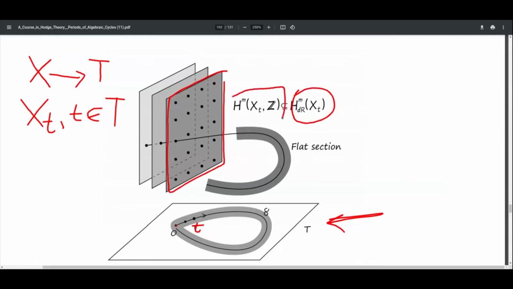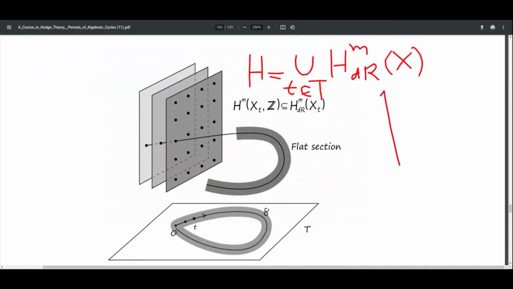Inside this cohomology, we have also singular homology. So we have this cohomology bundle, and this cohomology bundle has these very special flats whose images will be here. These are going to be actually the flat sections of the Gauss-Manin connection.